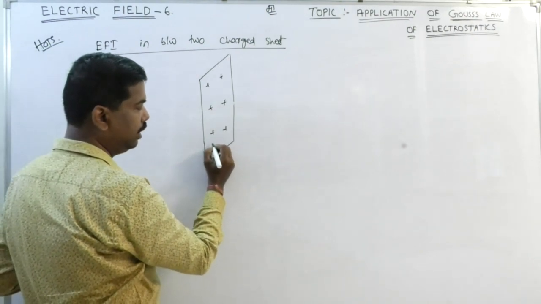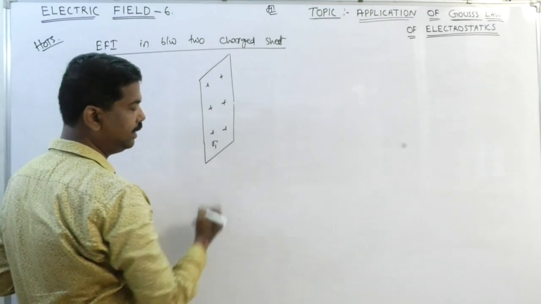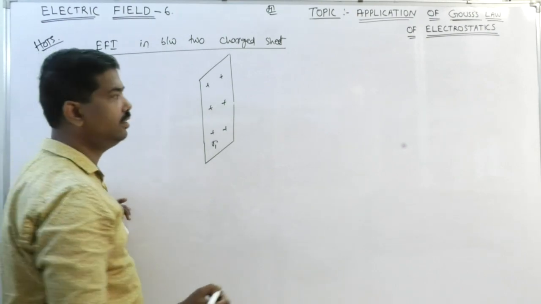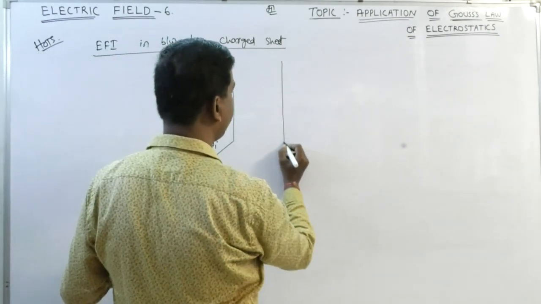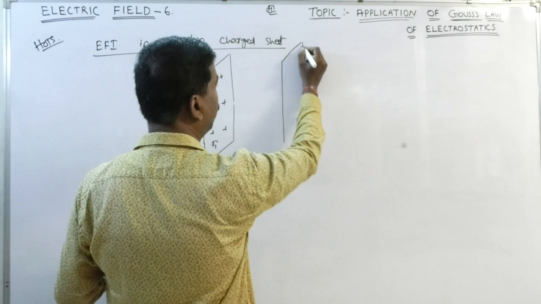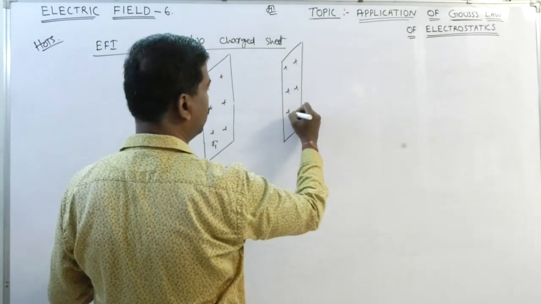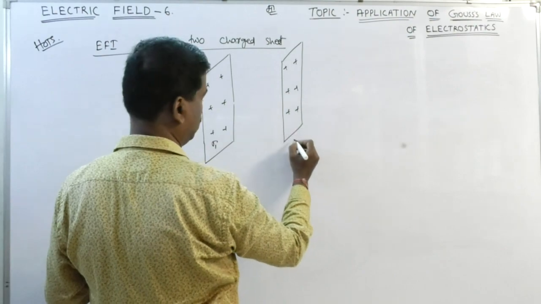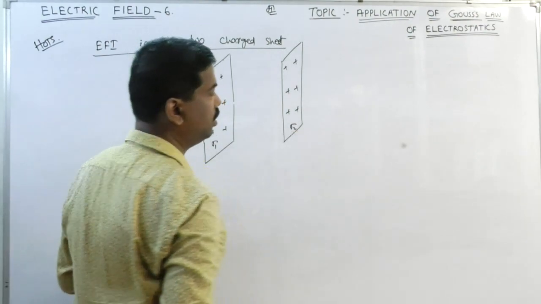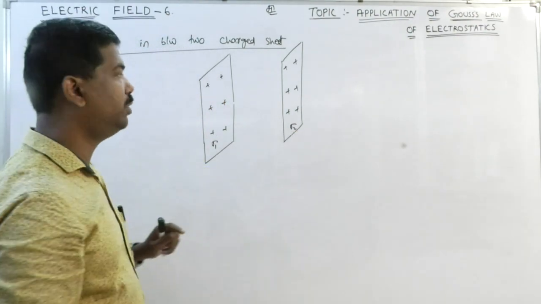Let the surface charge density be sigma 1 for the first, and surface charge density be sigma 2 for the second.